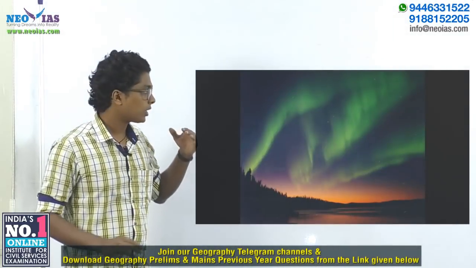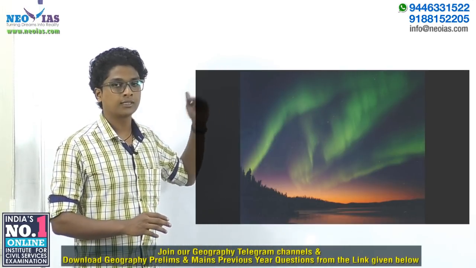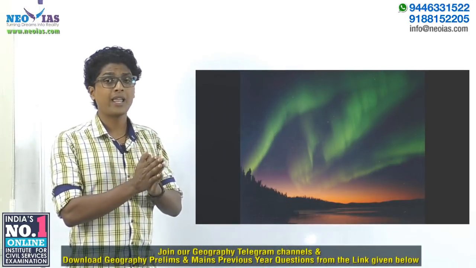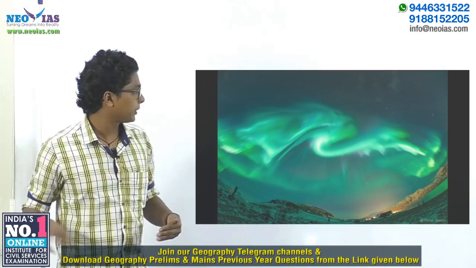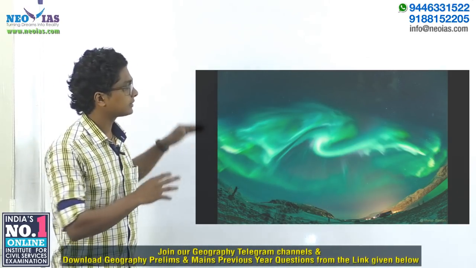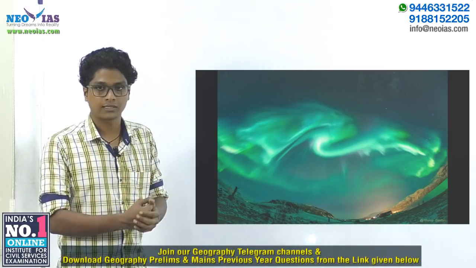The aurora in the northern hemisphere is called aurora borealis, and in the southern hemisphere it's called aurora australis. Other names for this aurora are northern lights and southern lights. Now let's see another picture of aurora, and we'll be able to see sky like this from the high latitudes of both hemispheres.